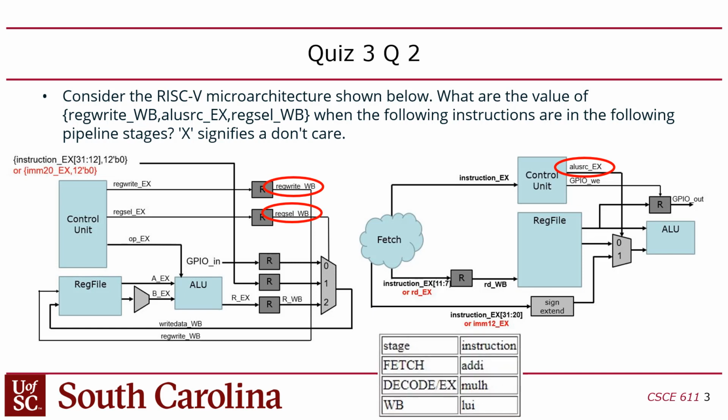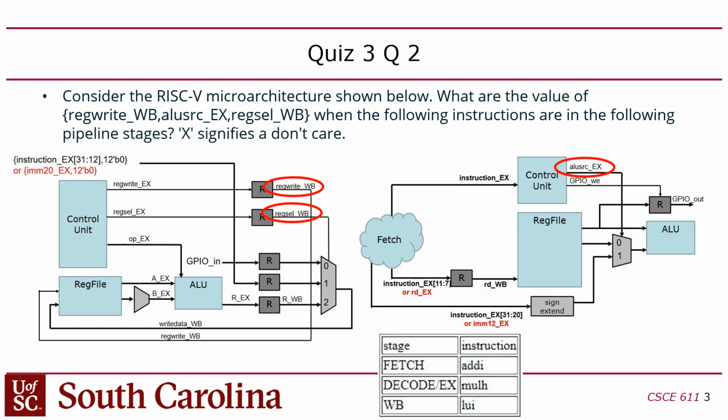Oh, I don't have the answers here. Okay. Question 2 was, consider the RISC-V microarchitecture. What are the values of reg write WB, ALU source EX, and reg select WB? So same signals, different instructions. Write back is an LUI, so reg select should be 1, right?